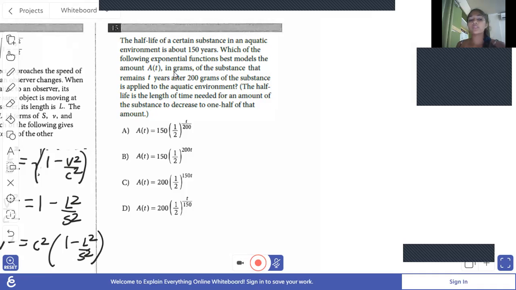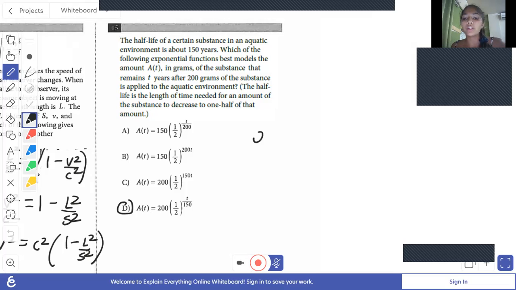So now the half-life is 150 years. So if you have a substance that measures 200 grams, that means that in 150 years, that substance would weigh 100 grams. So over here our answer would be D, because if I take 200 times 1 over 2 raised to t over 150, where t is the time.